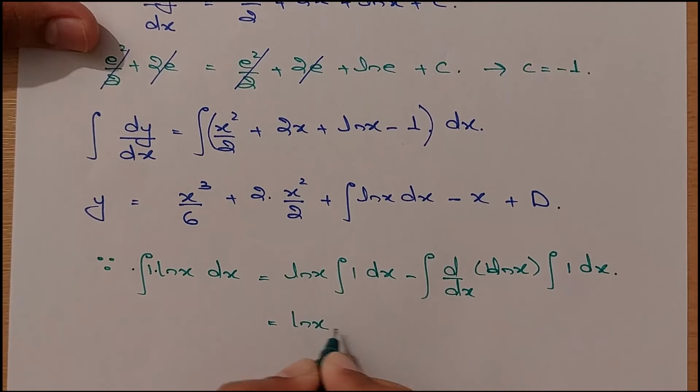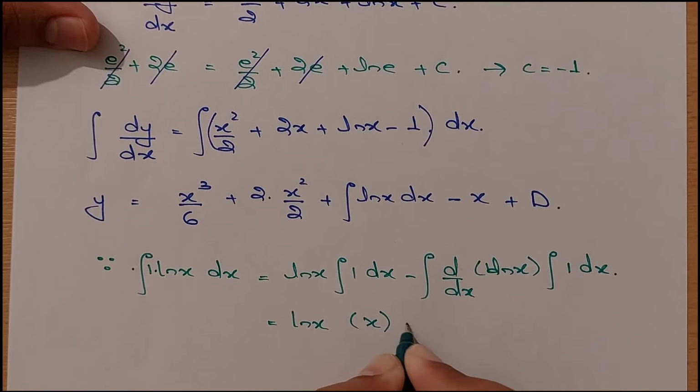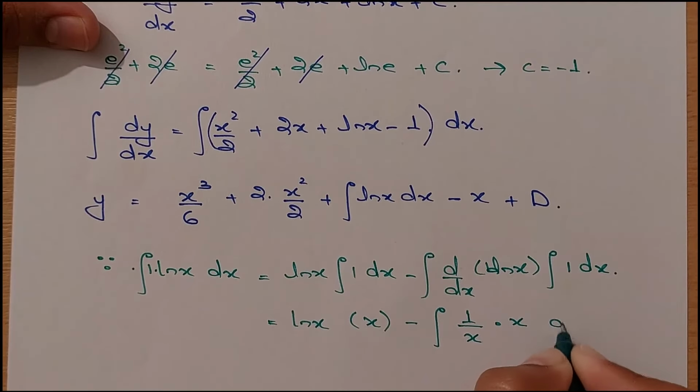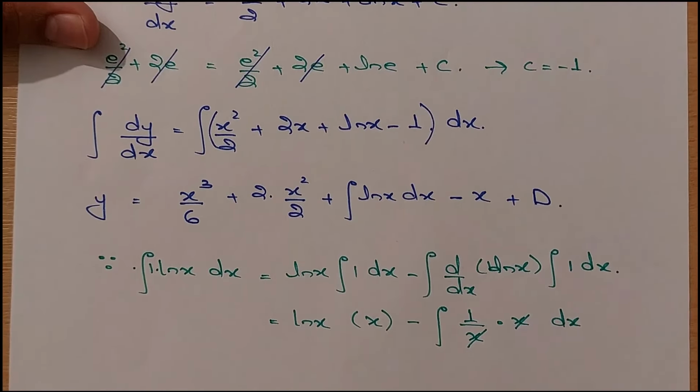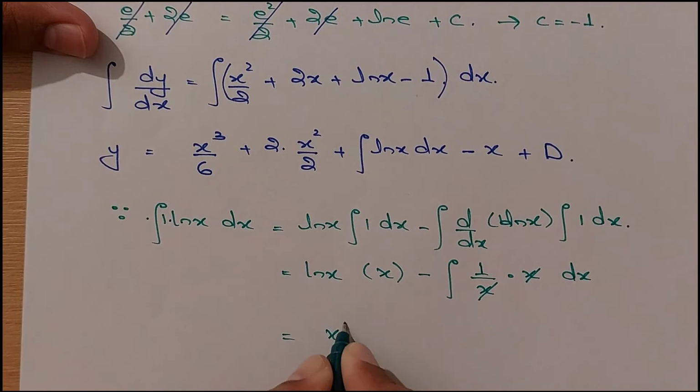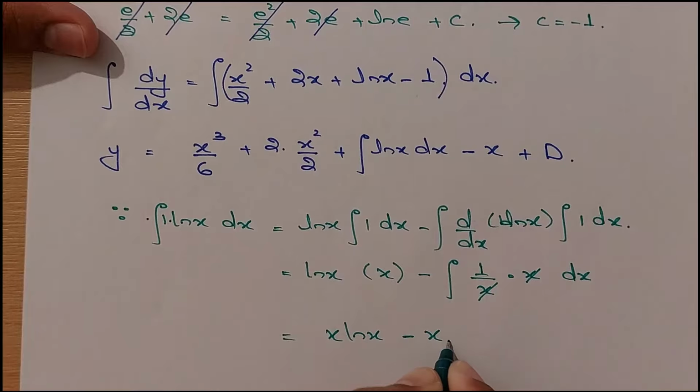So ln x times x, minus the integration of 1 by x times x dx. So x is cancelled with x, and here we have x ln x minus x, right?